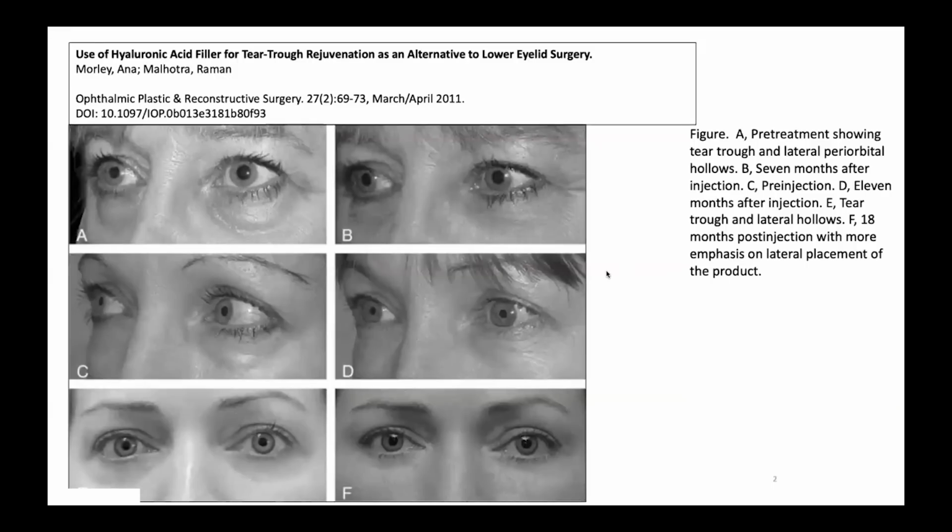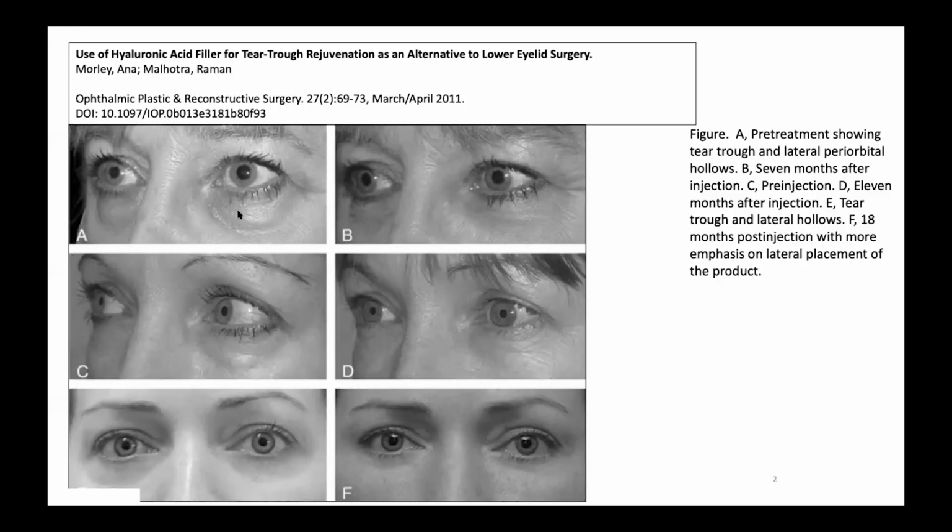This is just a nice article. It came out in 2011, which was one of the early articles to describe using filler to treat these grooves. Remember this orbital retaining ligament, or the orbital malar ligament, holding this tissue back, and people often will see the bulge of orbital fat above this line, and they're unhappy with it.